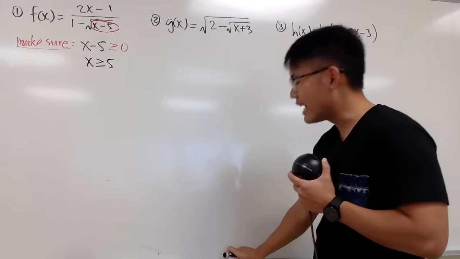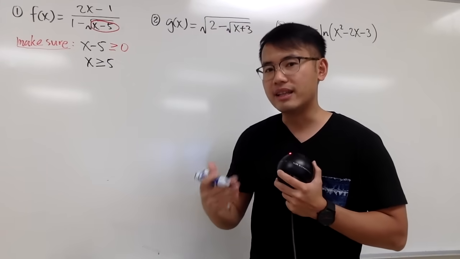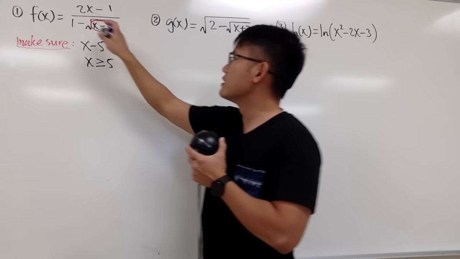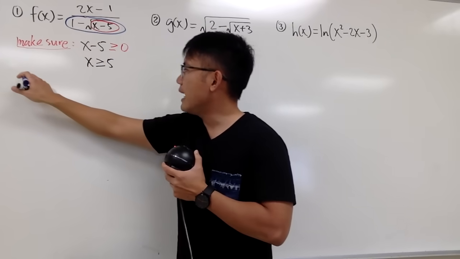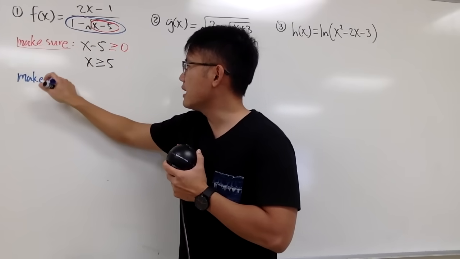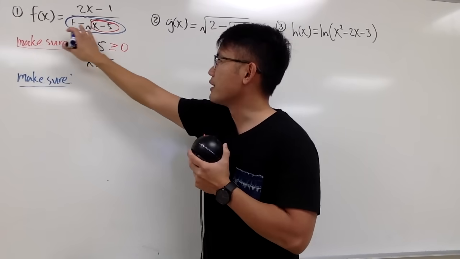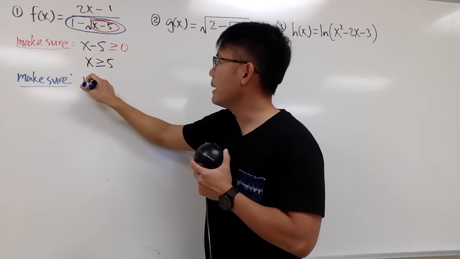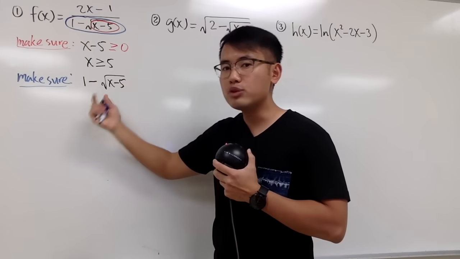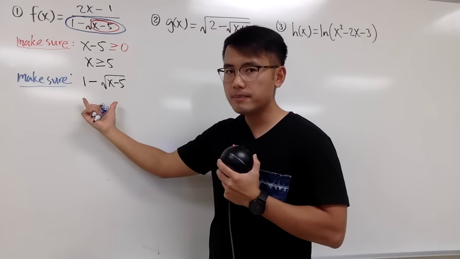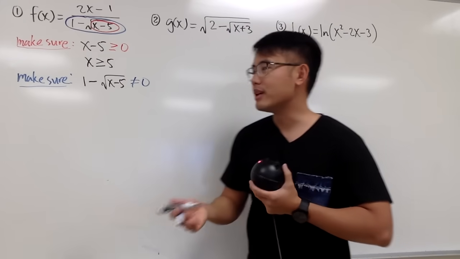The second condition is that because we have this fraction, we have to remember we cannot divide by 0. So I will pay attention to the bottom right here, and I'm going to make sure the second thing is the denominator. This time, we have to write down the whole thing, namely 1 minus square root of x minus 5. I want to make sure that the whole bottom right here cannot be 0. And then from here, once again, you can solve for x.